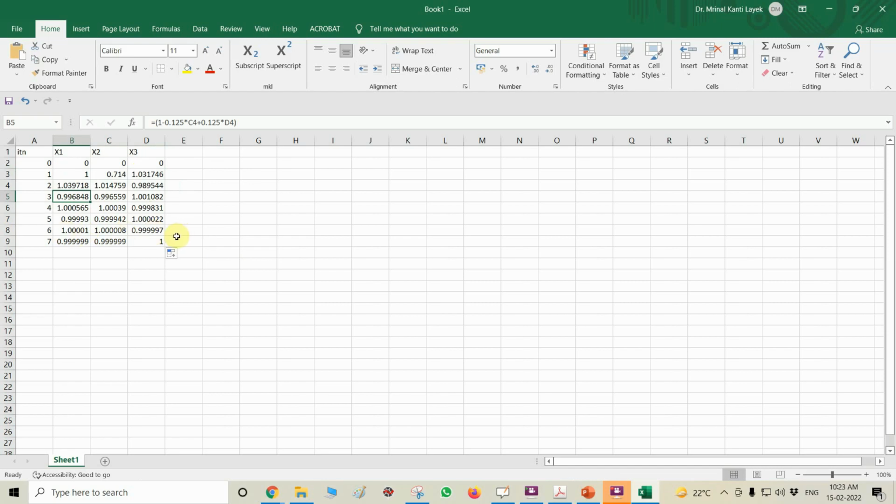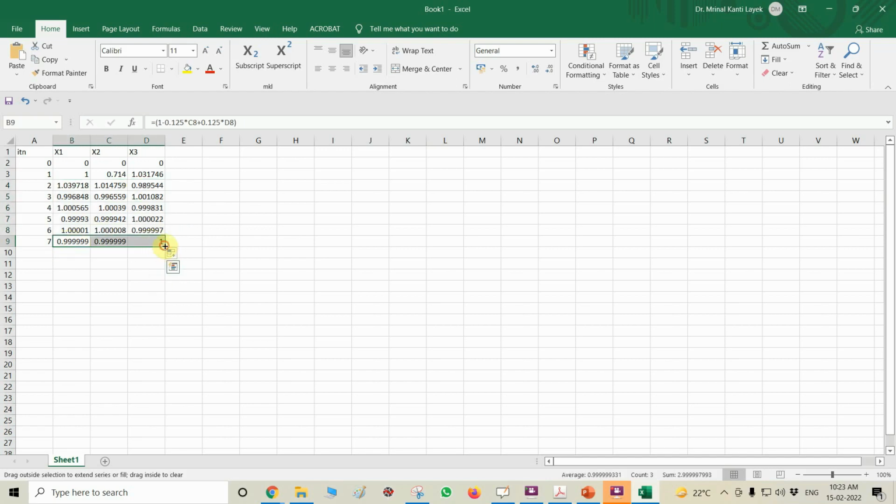If you consider up to the second or third decimal point, then after the second iteration you can see the values are near to 1, and here it converges up to 1.